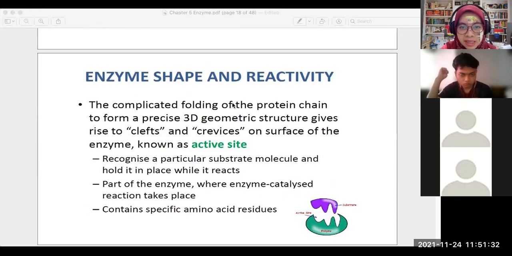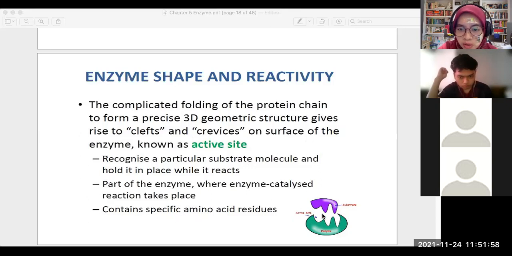Okay, so we have covered localization of enzymes just now. Now let's look into the mechanism of enzyme. So how does an enzyme actually catalyze reactions? The first thing to understand is that an enzyme has a tertiary and quaternary structure, so it has clefts or crevices, meaning that it has a hole or space for something to bind to.